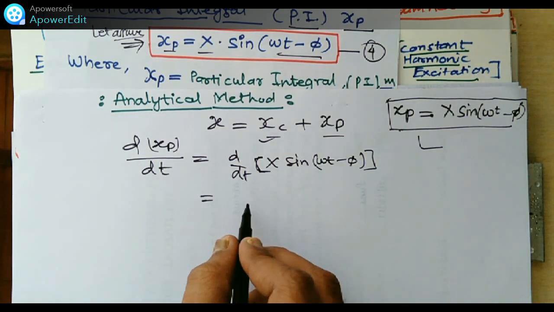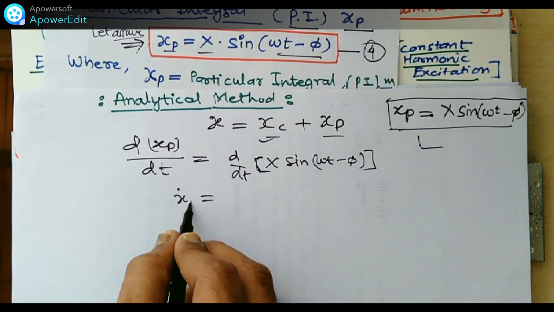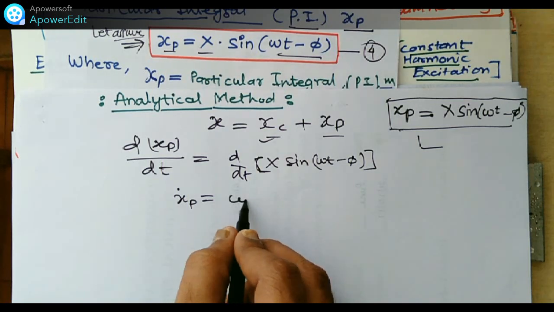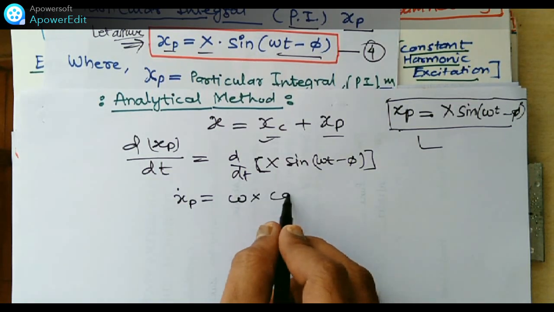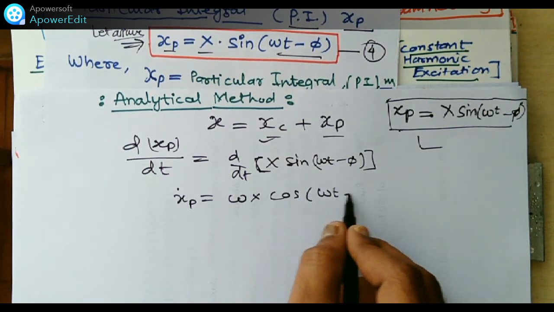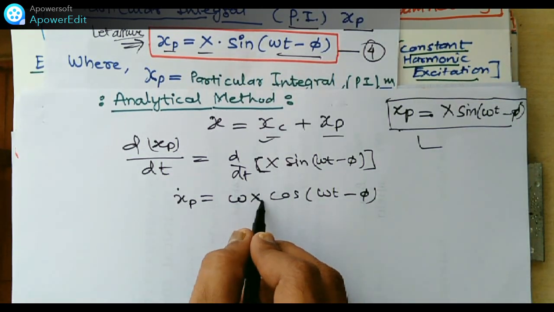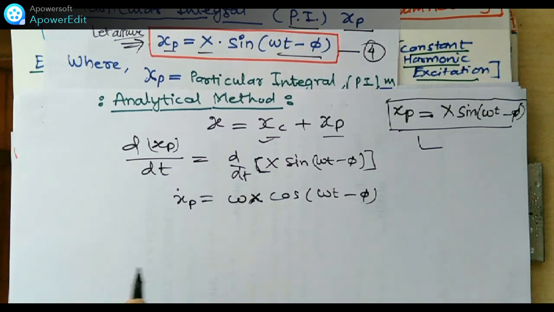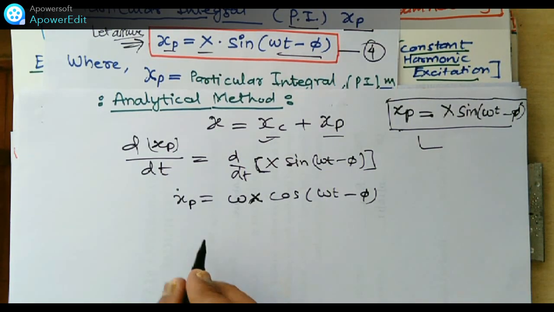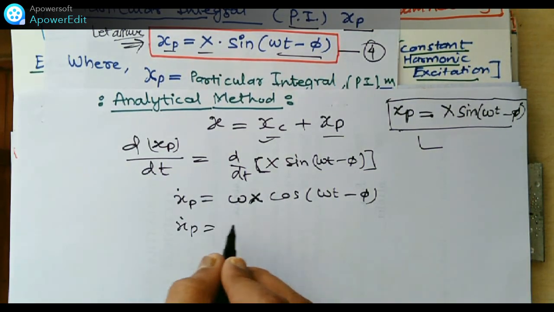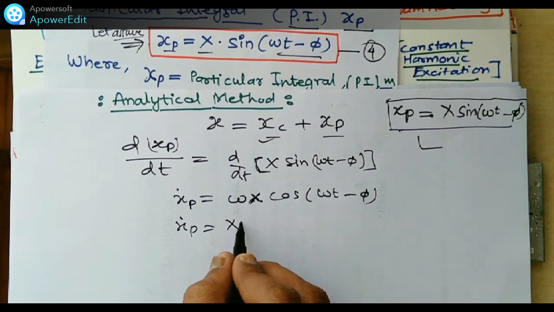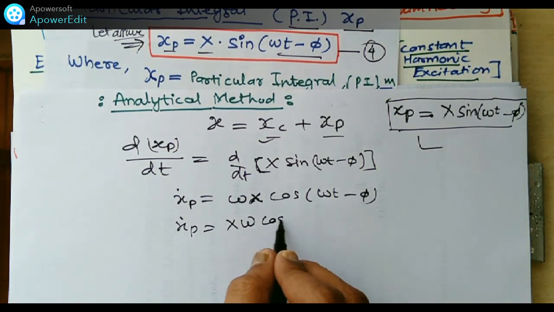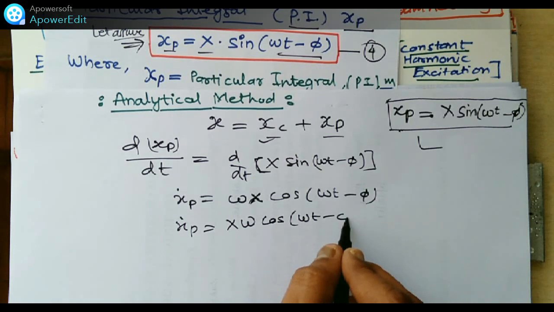The differentiation gives x dot p equal to X omega cos of omega t minus phi. So for x dot p, I will write capital X omega cos of omega t minus phi.